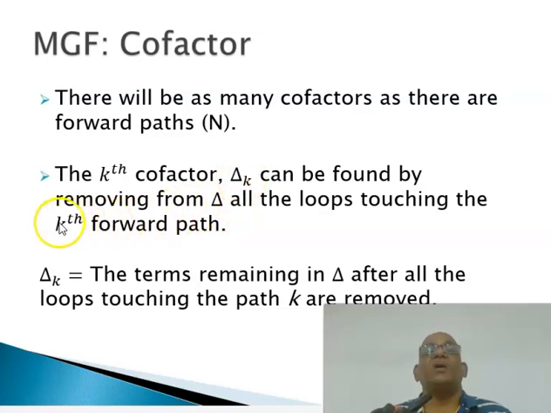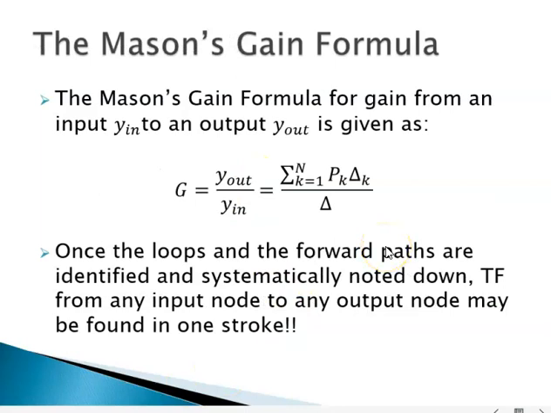If you remove from delta all the loops that are touching the second forward path, it is delta 2, and so on. Once you identify the number of loops and the number of non-touching loops, combinations of two non-touching loops, and so on, delta is found.